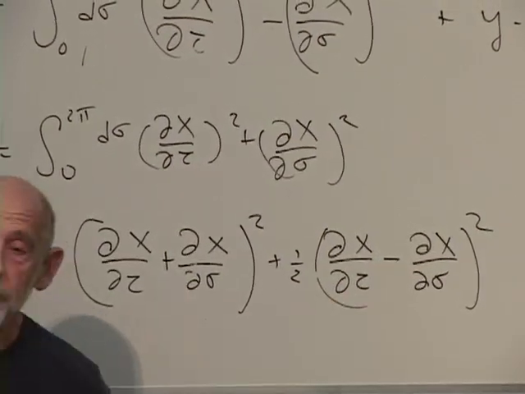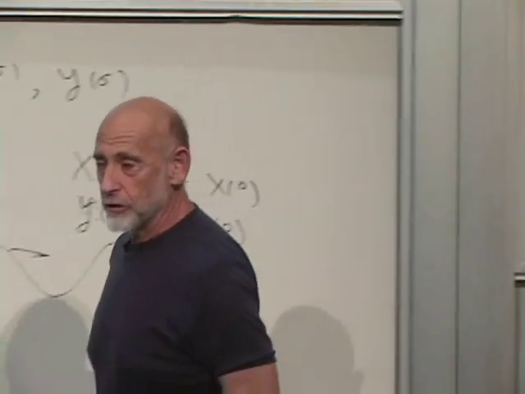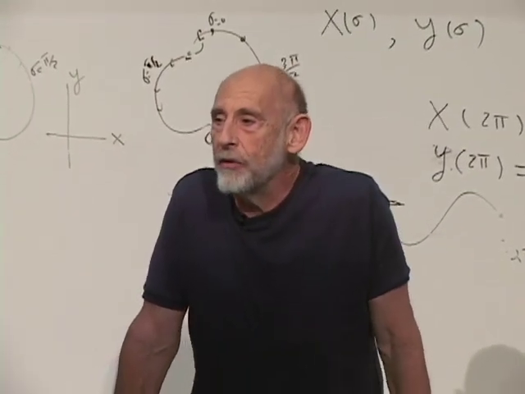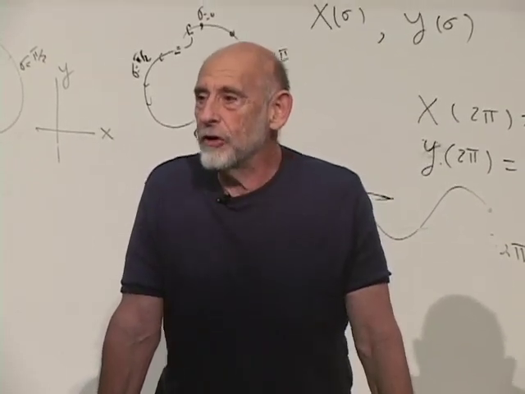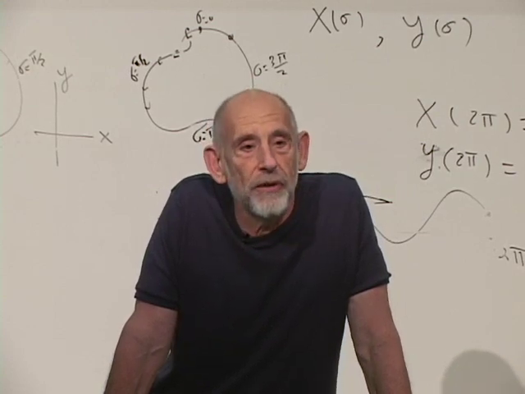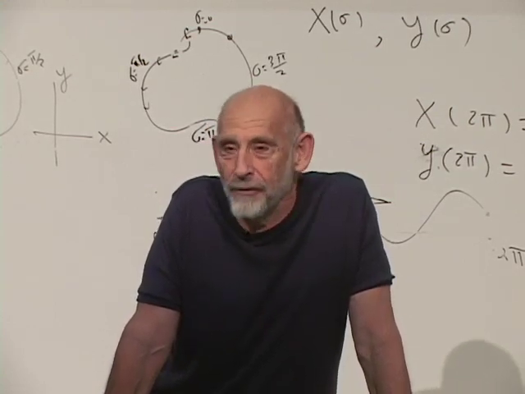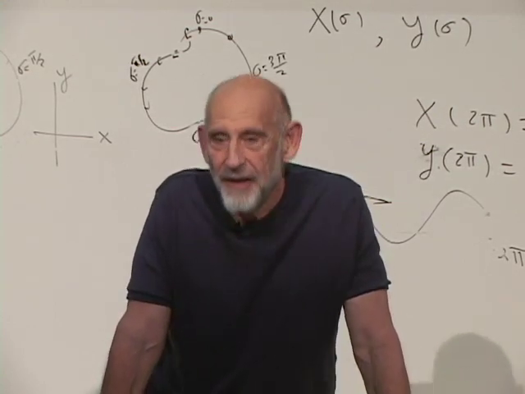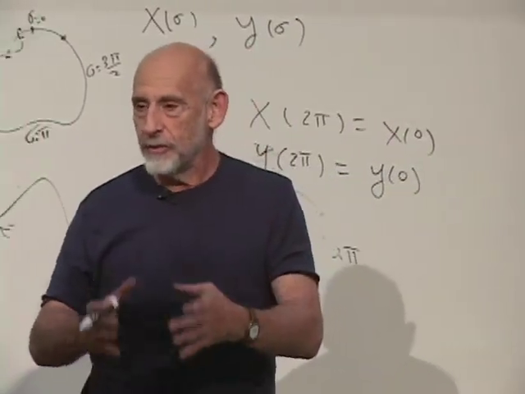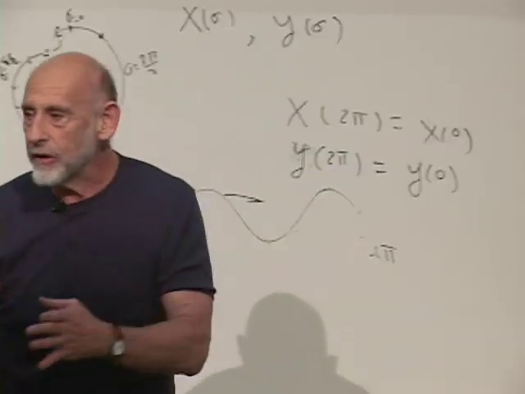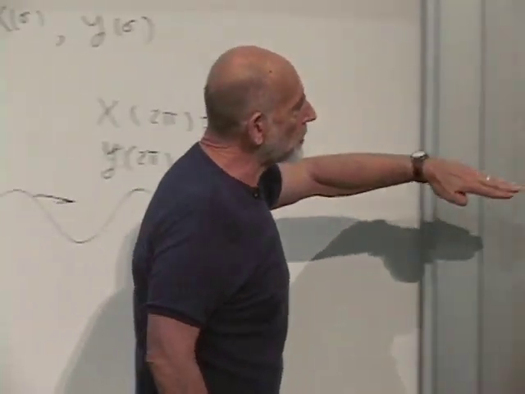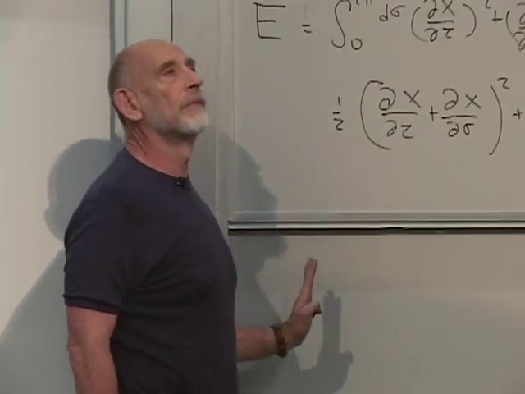Do you have any idea what the significance of this decomposition is? A wave that's moving to the right is a function of sigma plus tau. A wave moving in the other direction is a function of sigma minus tau. This is just the energy stored.